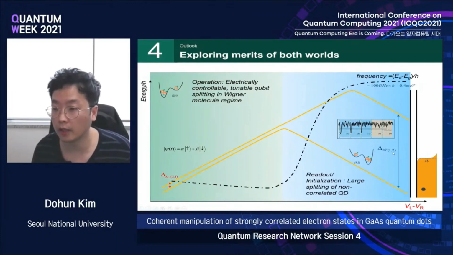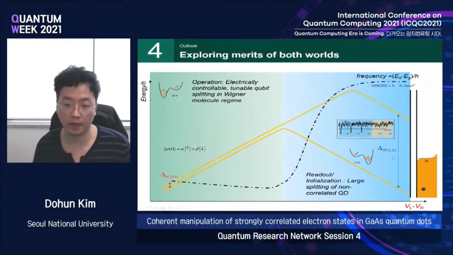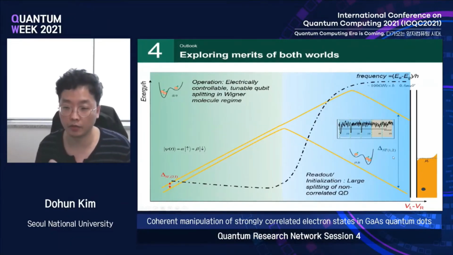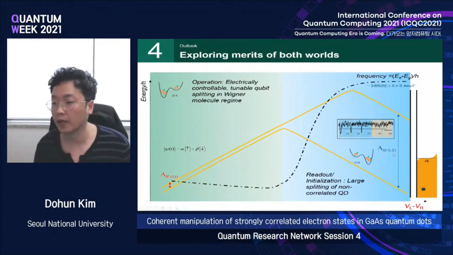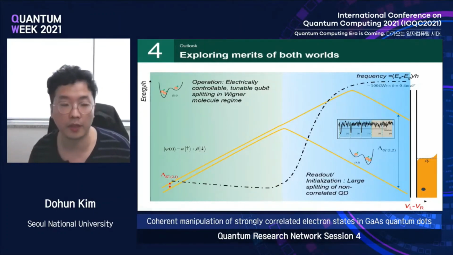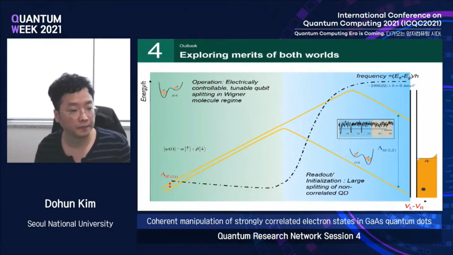So what we are reading out is the spin state of the right quantum dot. One electron is remaining in the left quantum dot, and we are distinguishing these two-electron states on the right quantum dot, whether it is singlet or triplet. Okay, thanks.